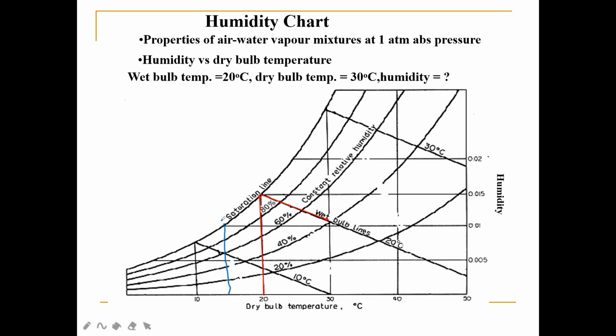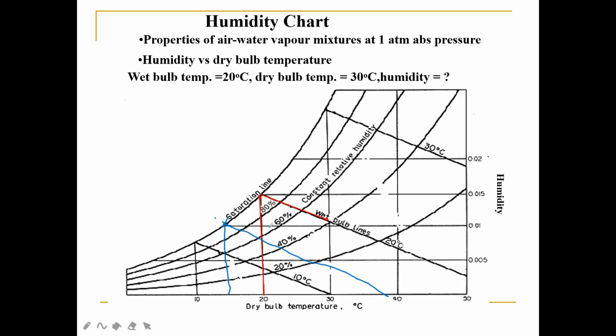That means it meets the saturation line over there, right? Then what you have to do is take your ruler and draw parallel to that wet bulb line. So that's what you have to do for the next step.